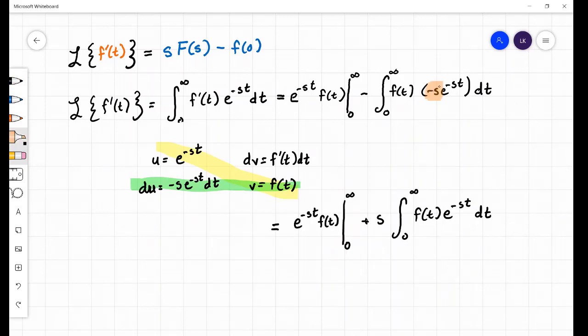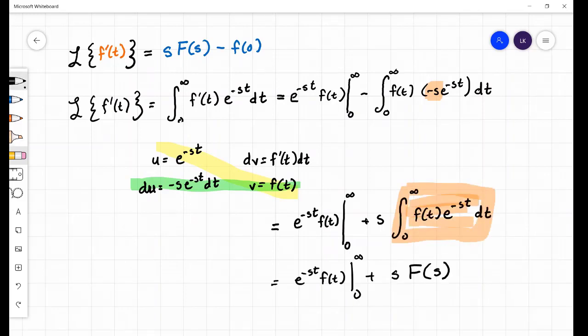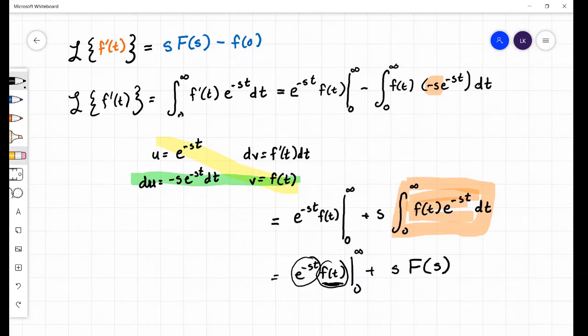Factor out the minus s in front of the integral, and we see that we're left with exactly the Laplace transform of f of t. Because f of t is big O of some exponential e to the at, we can choose s large enough, greater than a, so that this decaying exponential will win out at infinity against this function, whose magnitude is bounded by some e to the at.